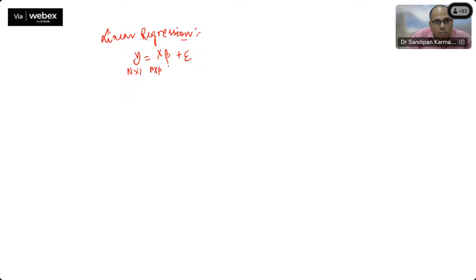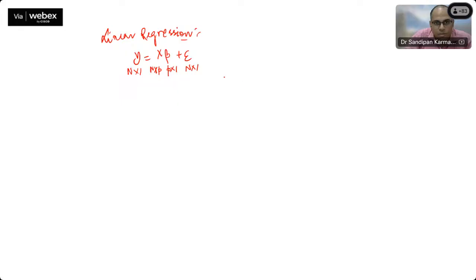Now, what happens in case of linear regression? The model is chosen as y = X beta plus epsilon, with dimensions n cross 1, n cross p, p cross 1, and n cross 1.